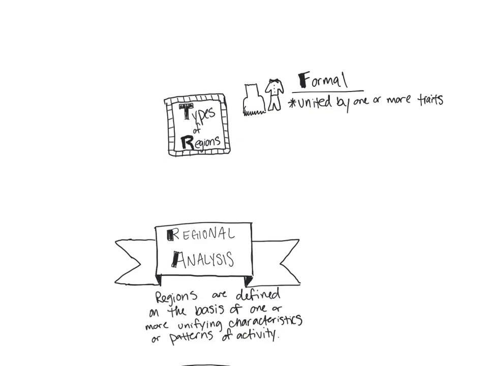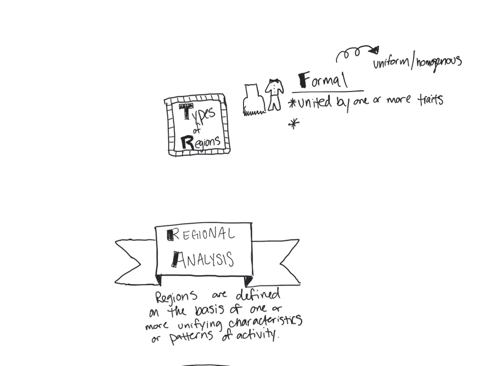That kind of looks like a tux. Okay, so formal regions really just mean that they're united by traits, so it makes them more uniform, or homogeneous. That's the word.